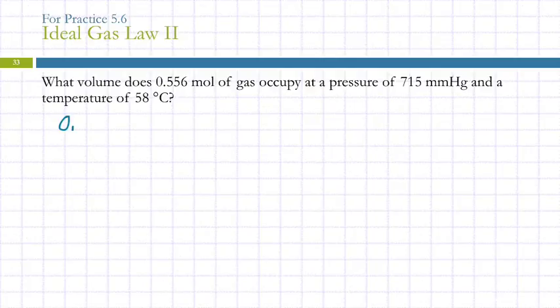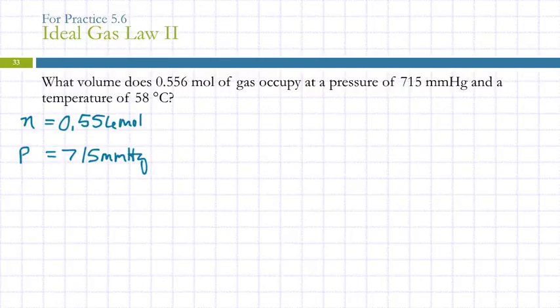So 0.556 moles, well, that's n. And pressure, 715 millimeters of mercury. And temperature, 58 degrees Celsius.